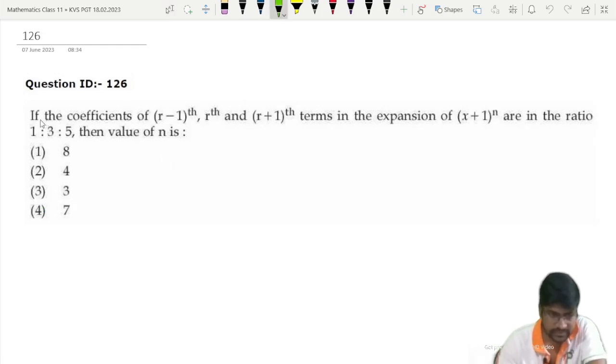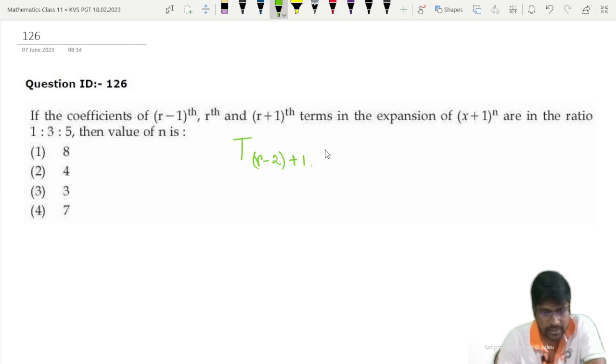Here they are telling, if the coefficients of r minus 1th, rth and r plus 1th term in the expansion of (x plus 1) whole to the power n are in the ratio 1 is to 3 is to 5, then the value of n is what? The coefficients of r minus 1th term. What will be the r minus 1th term? We can write r minus 1th term like this, r minus 2 plus 1.